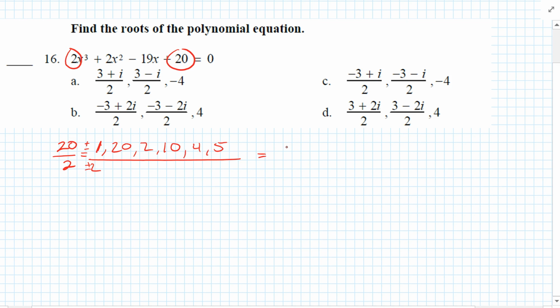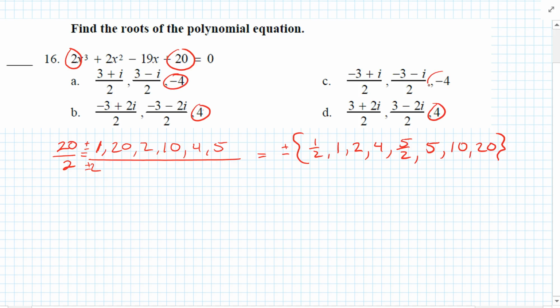We could have gone with plus or minus 1/2, 1, 2, 4, 5 halves, 5, 10, and 20. Luckily, it's a multiple choice test, so I see 4 as a possible rational root and negative 4. So once we find one of those to work, we can move on forward.